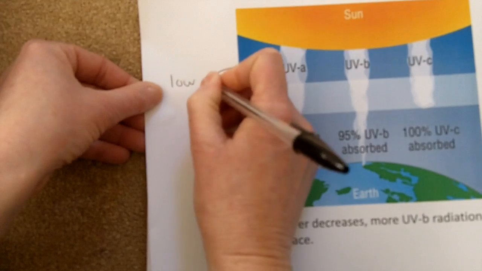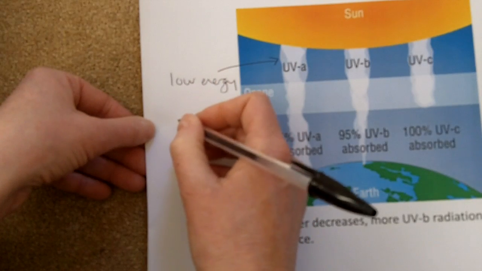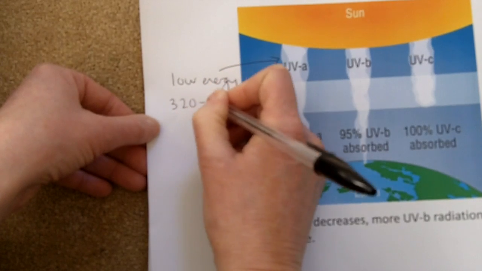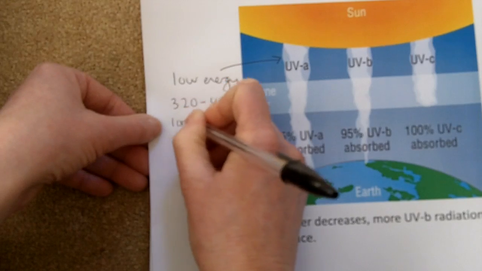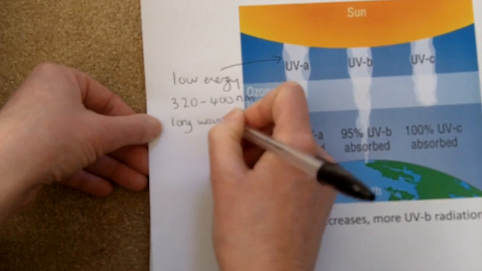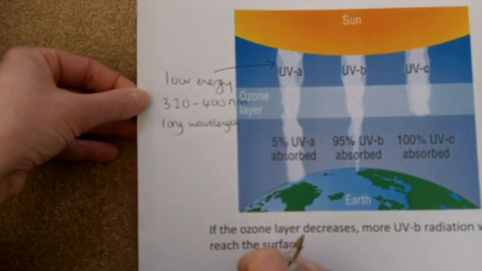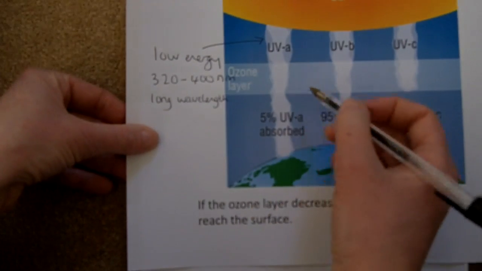Okay, it's low energy. You do not need to remember the wavelength number, but it is 320 to 400 nanometers. It's a long wavelength, and it is low energy. Of the three, it's the low energy one. Now we're not very concerned about this.